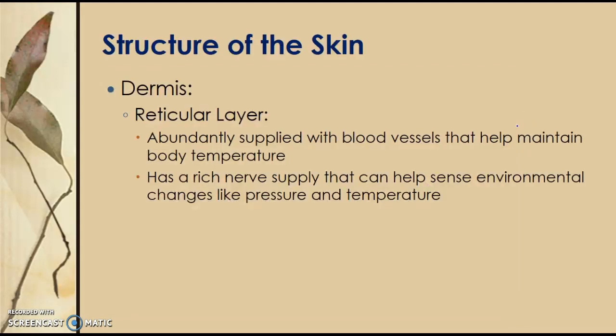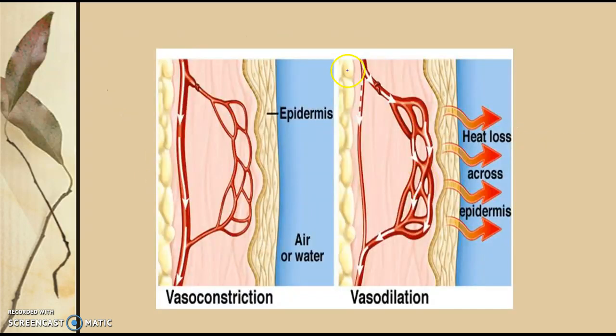So the reticular layer is also really important for body temperature. It actually has a lot of blood vessels that pretty much help you either cool down your body or help keep your body warm. For example, let's say it's really cold out. We have this rich blood supply in the reticular layer of our dermis.